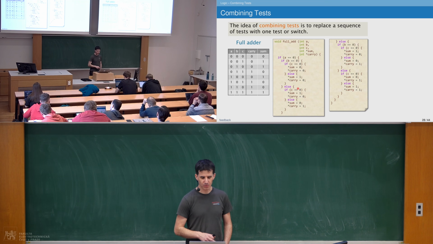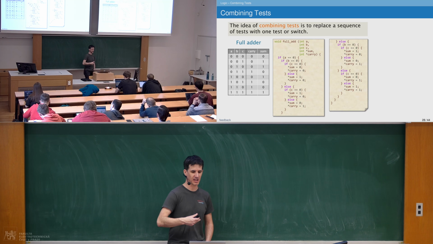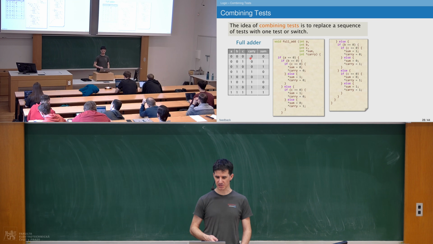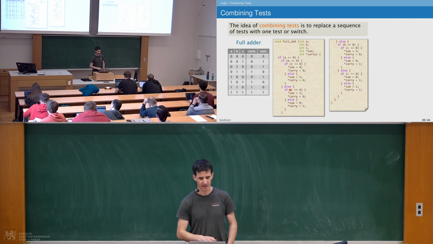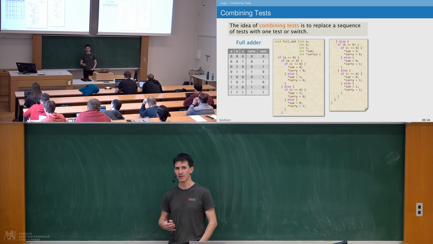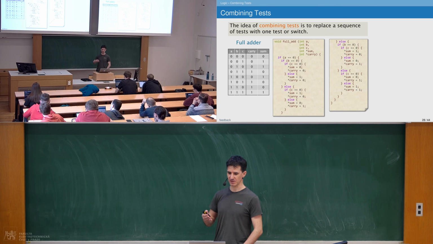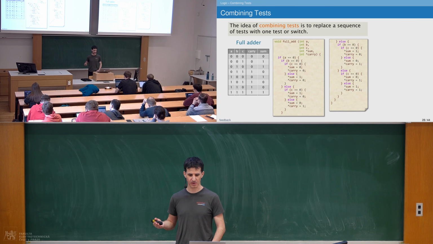So what you can do, you can just create a table of those input values and create a combinatorial table of those values and the results, and just implement this table in your code. So instead of having a lot of ifs which are somehow nested and so on, remember from last week, you know that every if is a potential for branch prediction miss, which can slow down your execution.